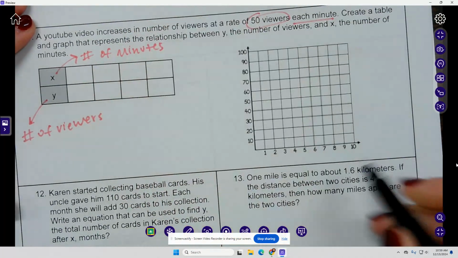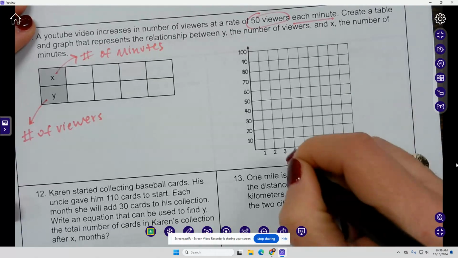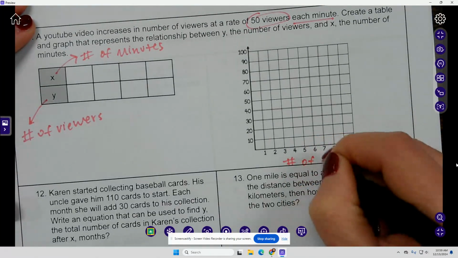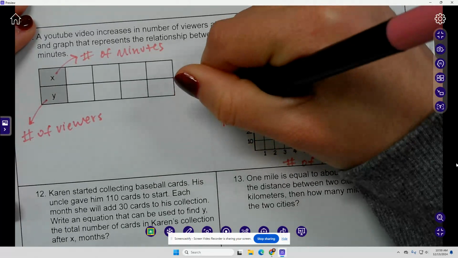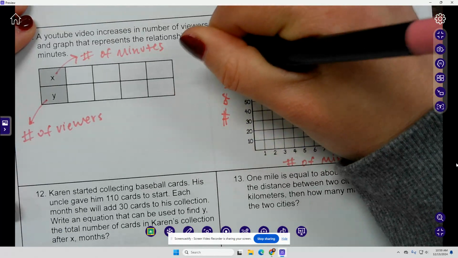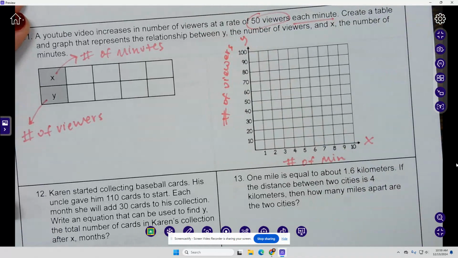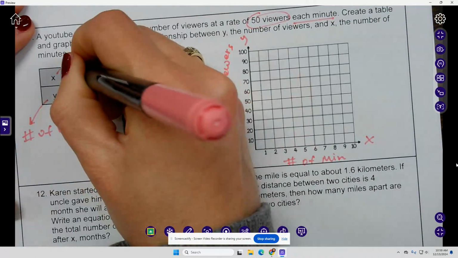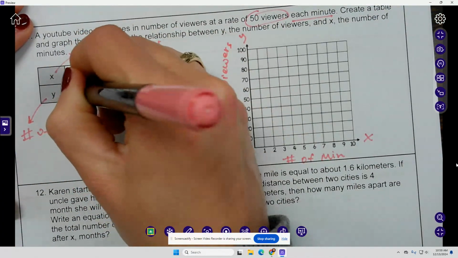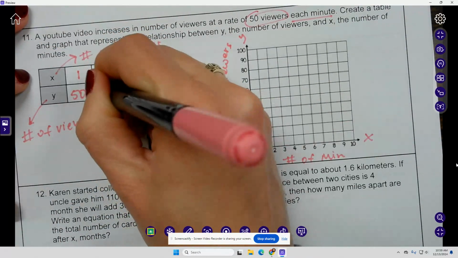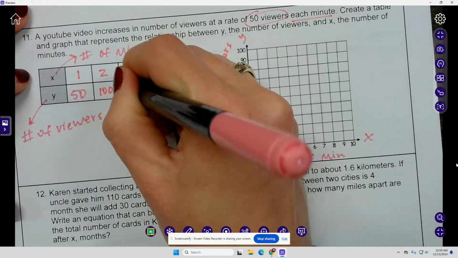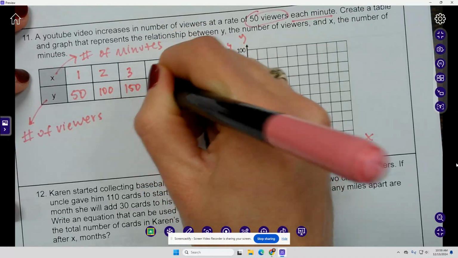So if I look at my graph, the X here is number of minutes, and my Y is the number of viewers. So I know for every 1 minute, the viewers increase by 50. So 2 minutes, 100, 3 minutes, 150, 4 minutes, 200.